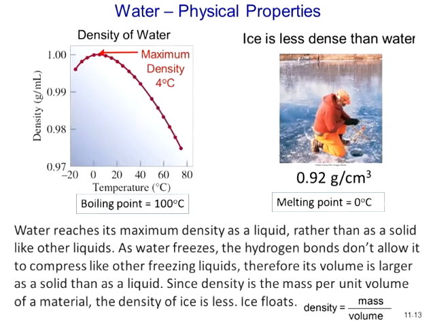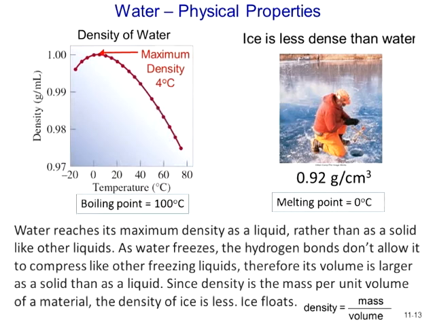So let's talk now about some more of the physical properties of water. If we take a look at a density versus temperature curve for water, we find that about 1 gram per mL, or 1 gram per cc, or 1 gram per cm cubed, that's where the maximum density is achieved for water.